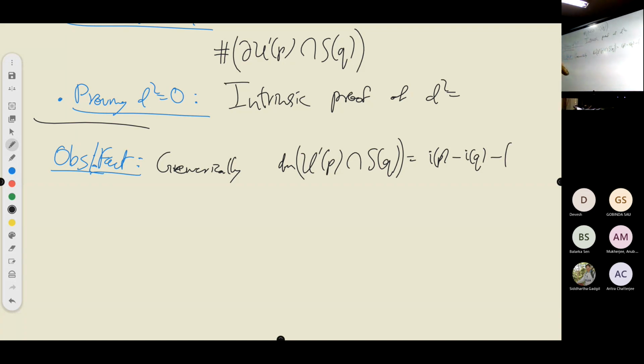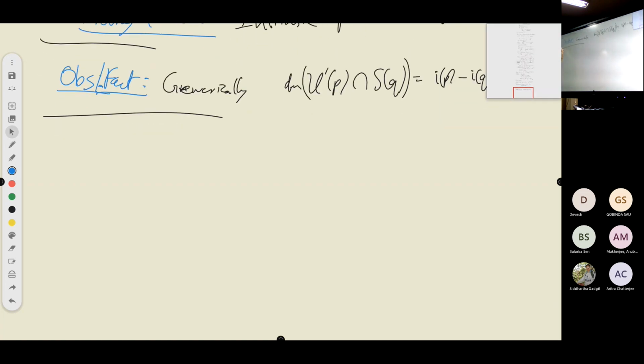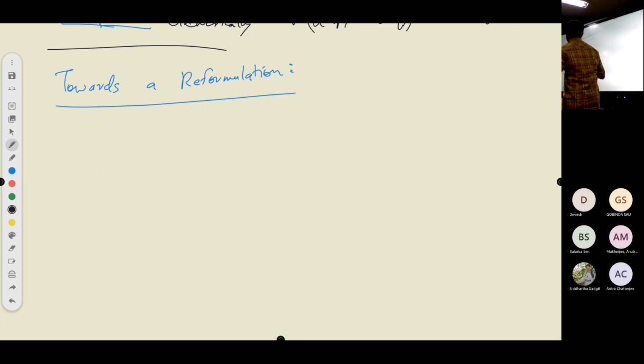Okay. So to try reformulating, we'll focus on just the things that we need.